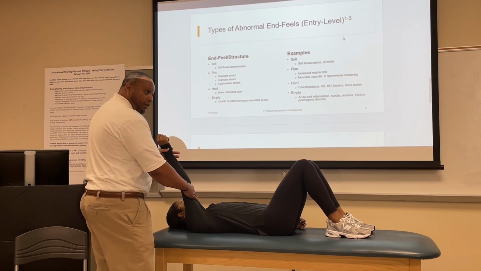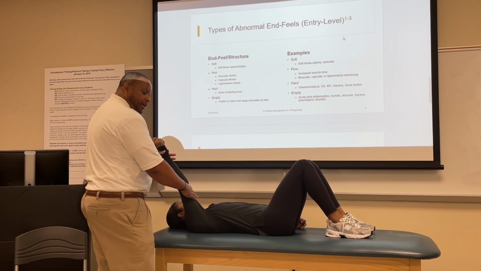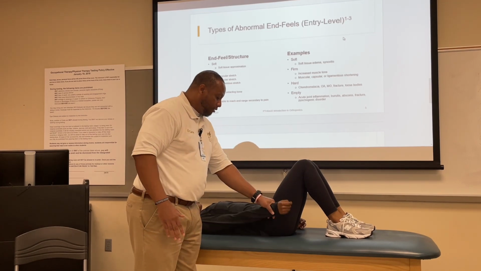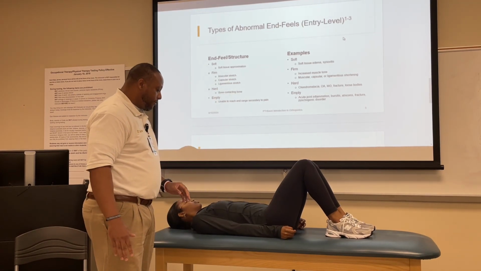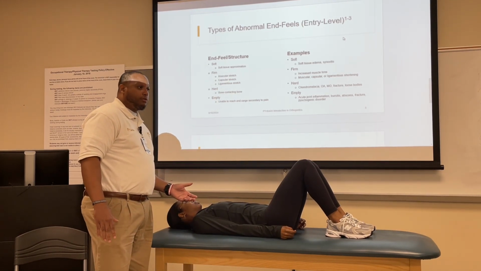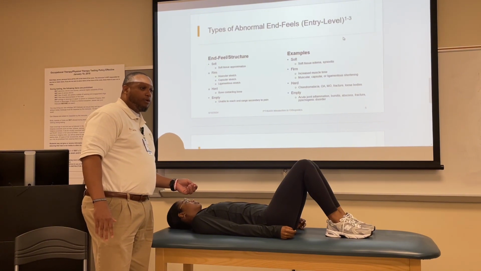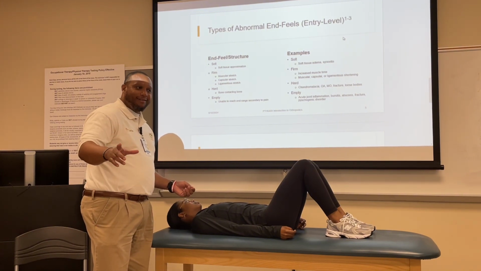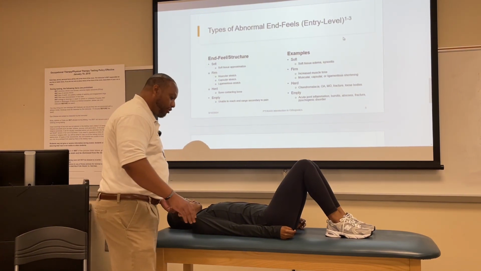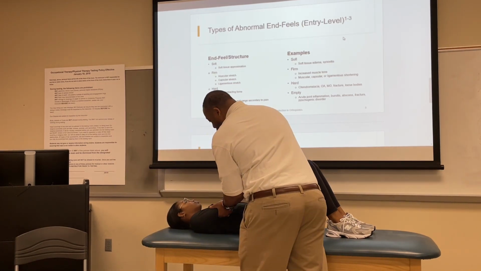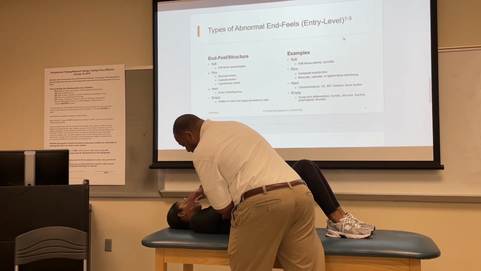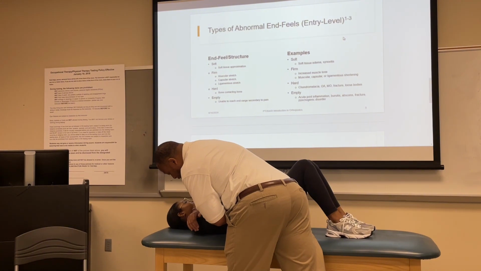Now, if this is as far as she can go, I'm establishing a sensation or feel for what could be causing this. Now I'm gonna assess her component motion, which I'm gonna be teaching y'all. I put her in a loose pack position, and I assess her posterior glide.